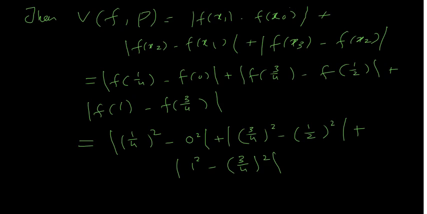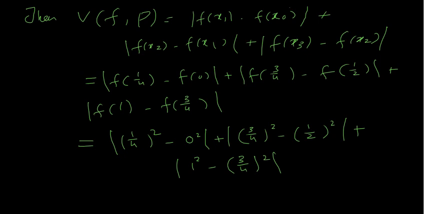So it's 9 by 16 minus 1 by 16. Its first point is 0, then 1 by 4, then it's 3 by 4.